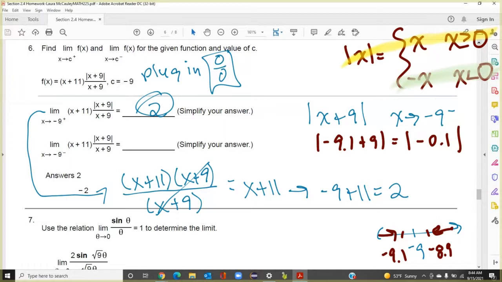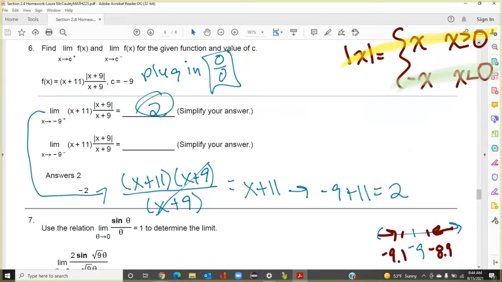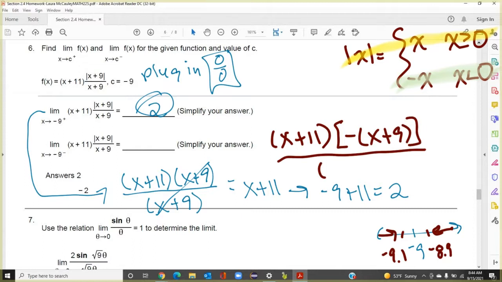So looking at this one, we're actually going to have x plus 11, and we're going to have the opposite of x plus 9. So we can still divide those out, except that there's this -1 hanging out. You see that? So this is actually negative x minus 11.